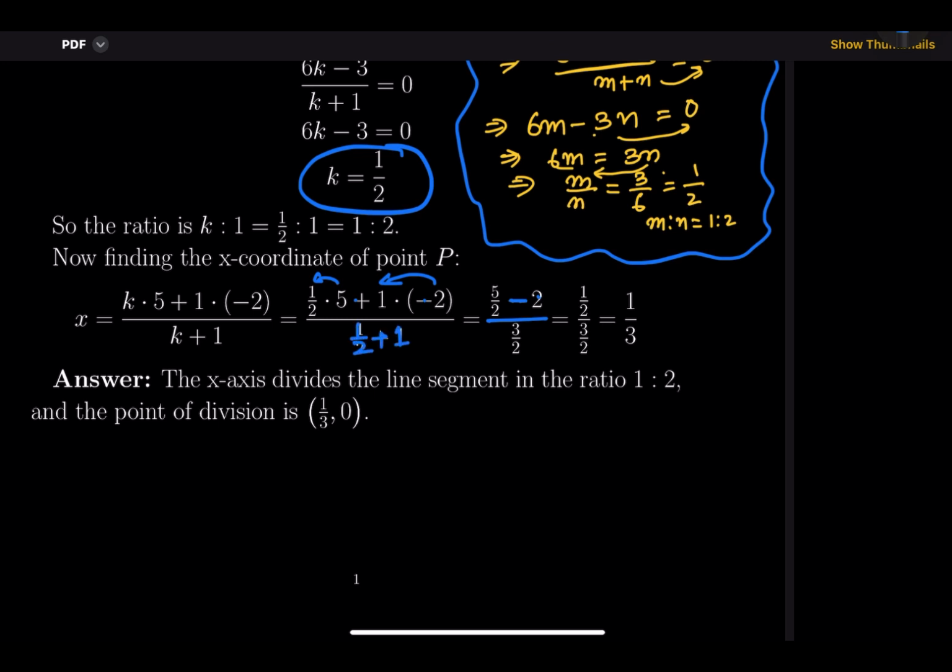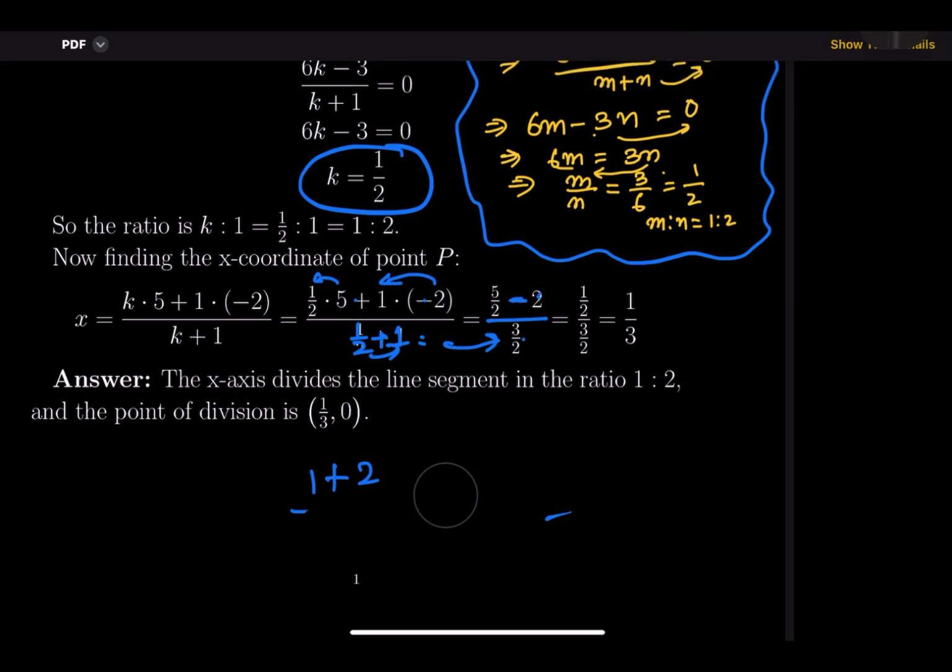How can I write this? Take 2 downside: 1 plus 2 into 1 is 2, so 1 plus 2 is 3 by 2. So 5 by 2 minus 2 divided by 3 by 2.